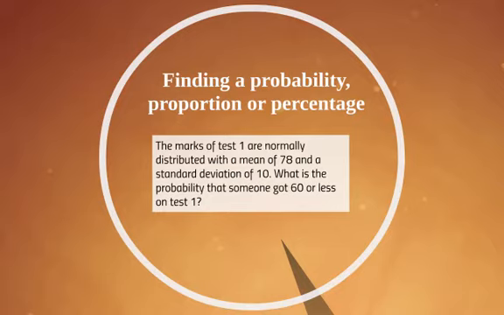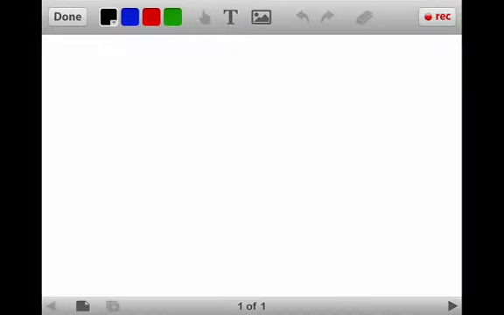This is a probability problem, the same kind of problem where I could ask you to find a proportion or a percentage. So how are we going to solve this problem? Here's our problem. We have a mean score of 78 for test number 1, and a standard deviation of 10.